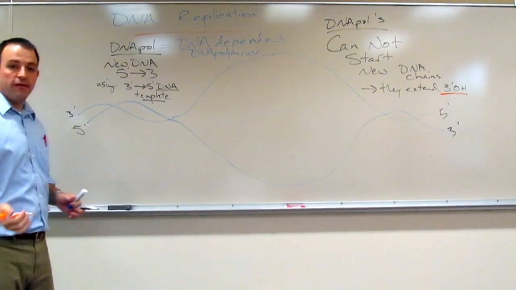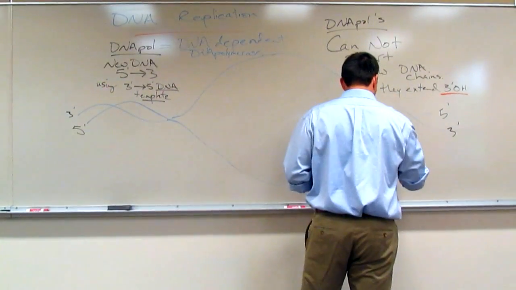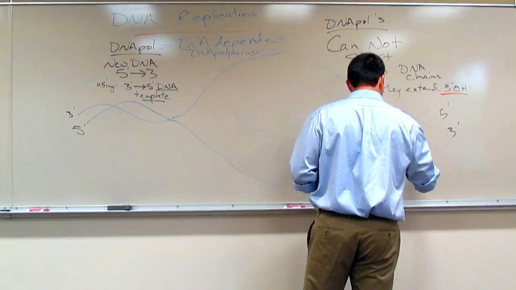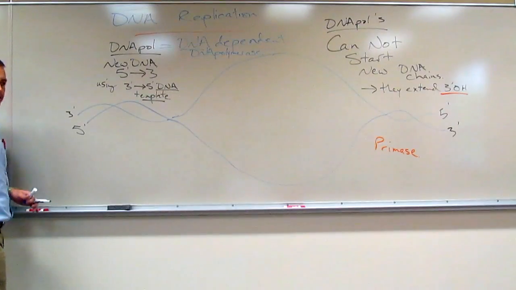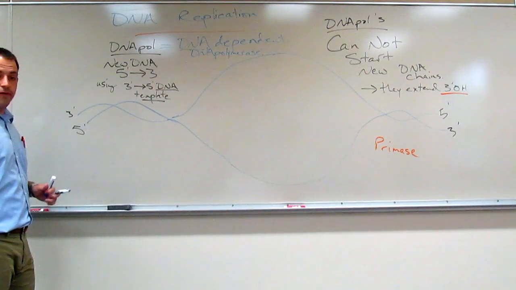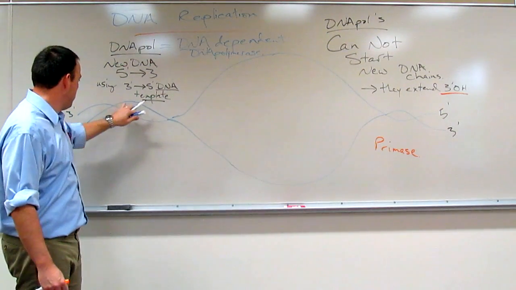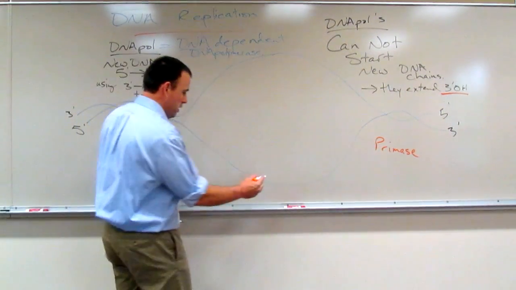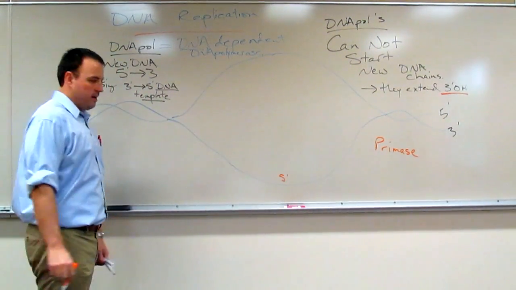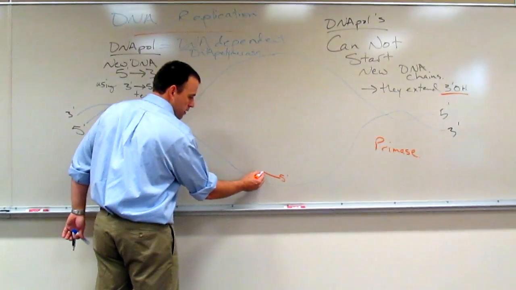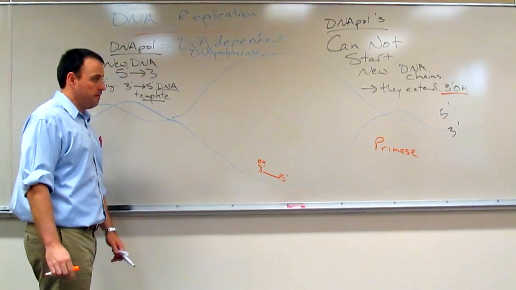We're going to have an enzyme that lays that down, and that enzyme is called primase. Primase needs to use a template in the 3' to 5' direction. So if we're going to write new DNA in the 5' to 3' direction, primase would lay down a 5' to 3' OH primer.